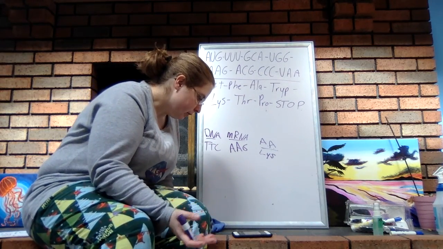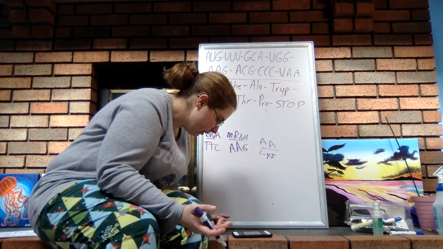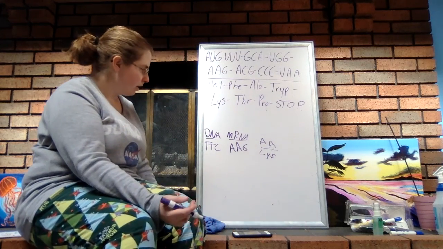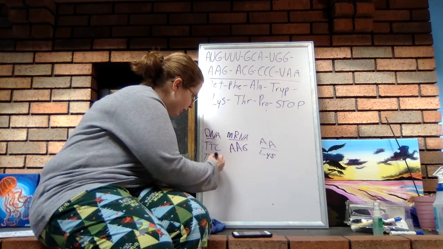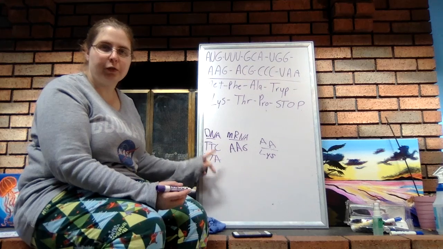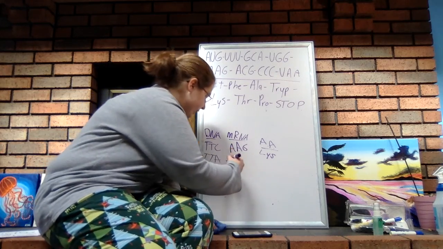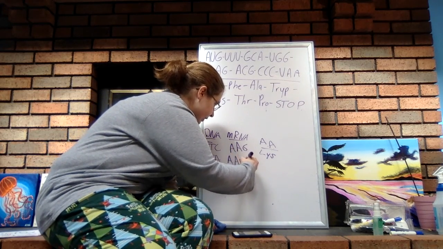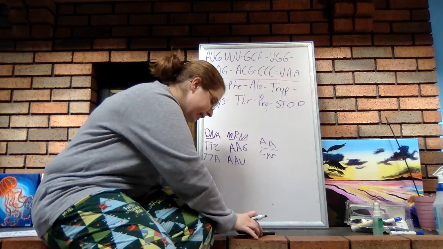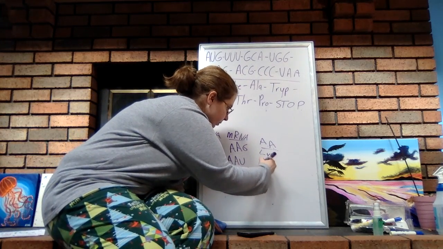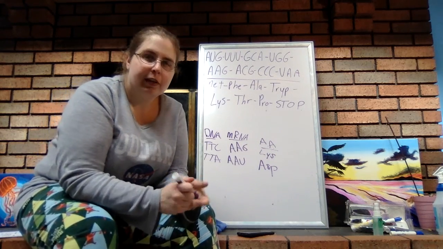Now, what if there is a mutation and instead of that, we have TTA. So the last base got changed from a cytosine to an adenine. That would make our mRNA AAU. And if we look at our handy dandy little chart, that would give us asparagine. So we have one amino acid swapped for another.